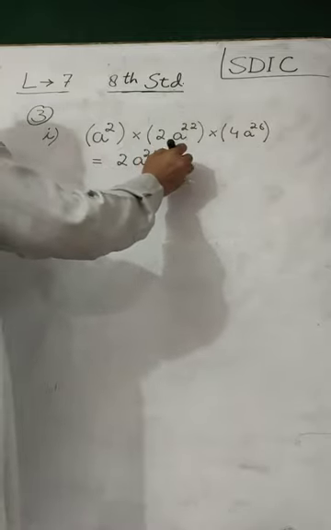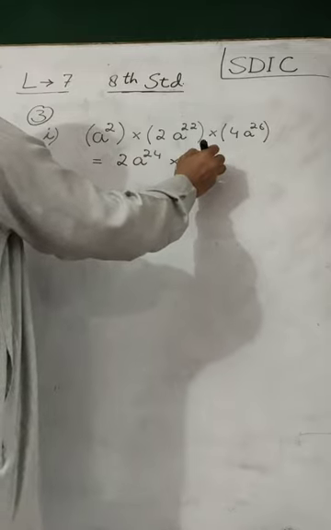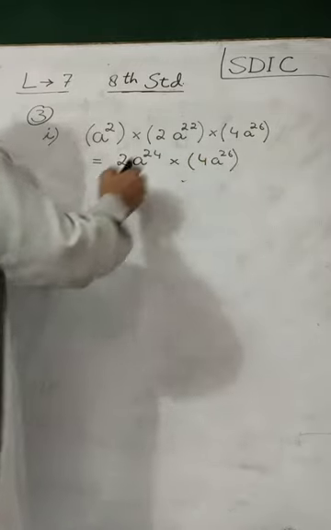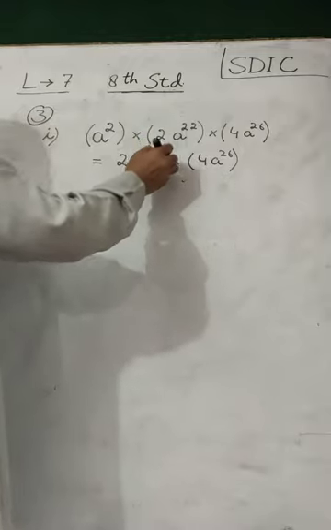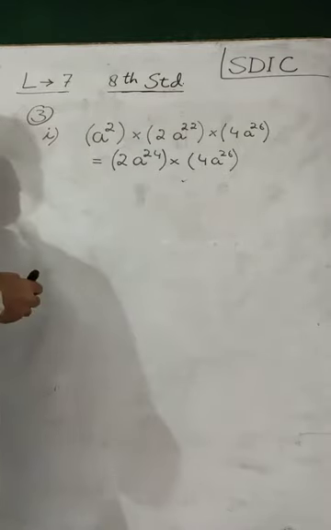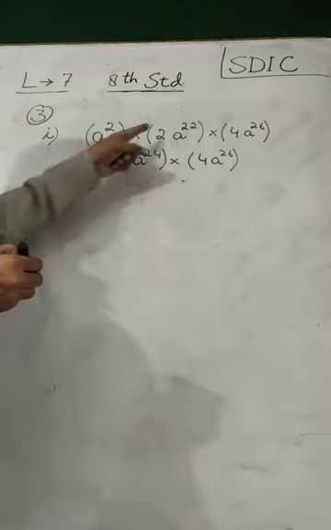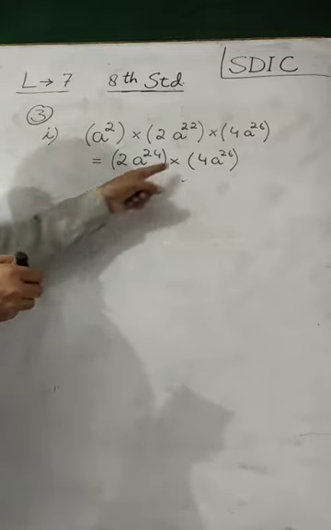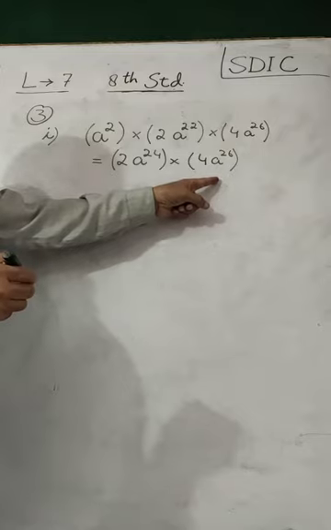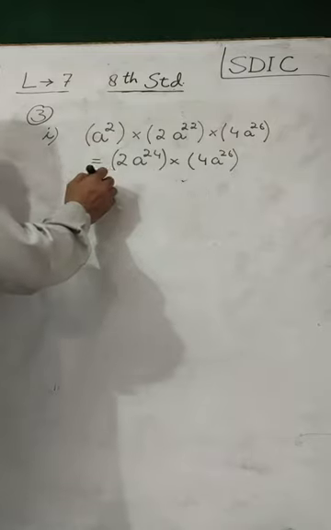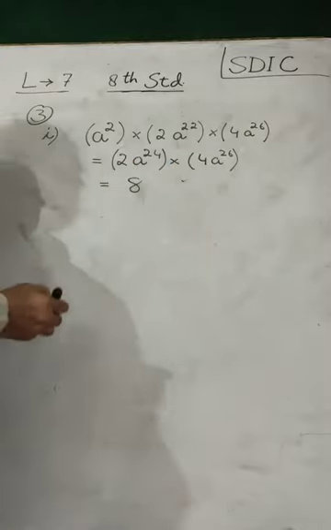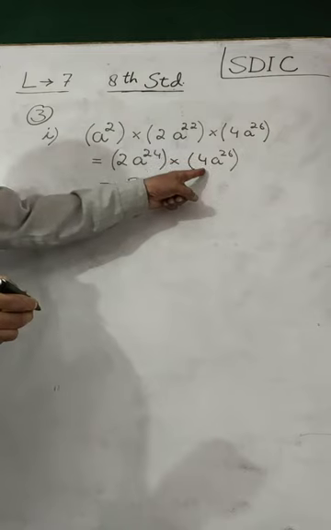Since we have to multiply it by the third monomial, 4a raised to power 26, which is kept in the bracket, we'll put this product that we got from the first 2 also in another bracket. Now multiplying these 2 monomials, the law is same. Multiply first the coefficients, 2 and 4, the product is 8.